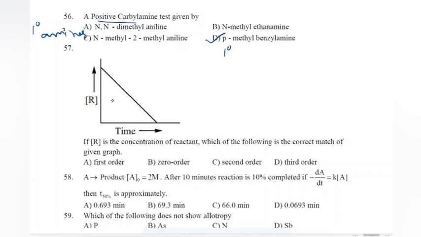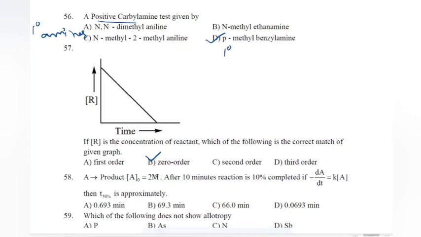Next one. If R is the concentration of the reactant, which of the following is the correct match of the given graph? Here, with the time, the concentration of the reactant decreases. Means it's a zero order reaction, right?